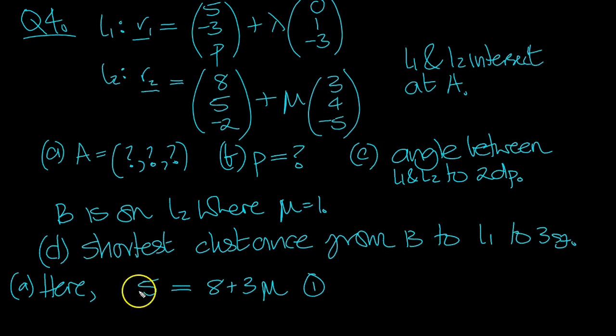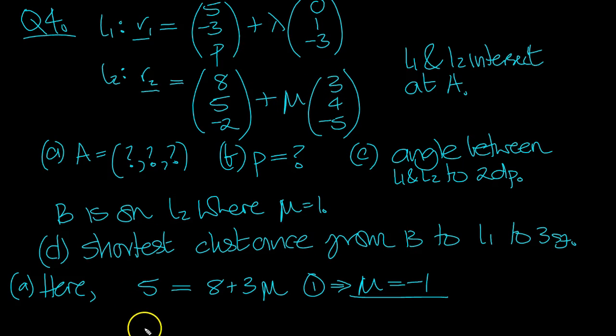So mu is equal to minus 1, straight away. So we don't need to do any more. So we can check the coordinates. Mu is equal to minus 1.